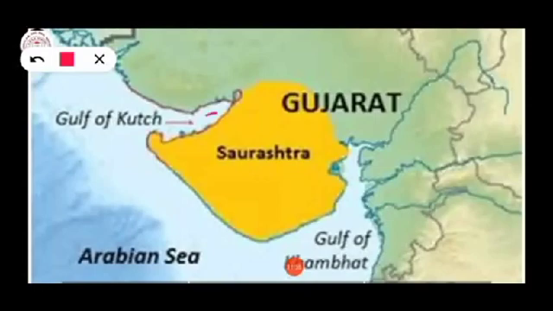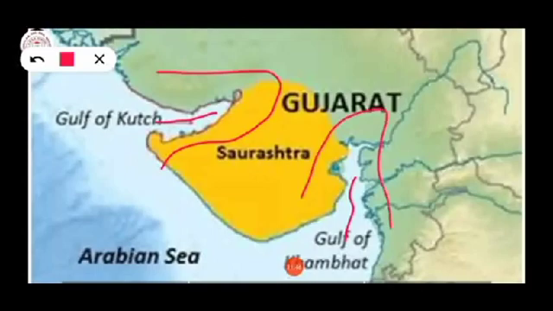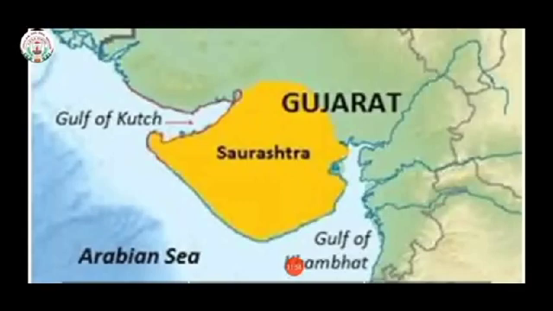Here is the Gulf of Kutch, and here is the Gulf of Khambat, and you can see here it is almost surrounded by land. Here also it is almost surrounded by land. That is the meaning of gulf. So the Gujarat Coast lies between the Gulf of Kutch and the Gulf of Khambat.